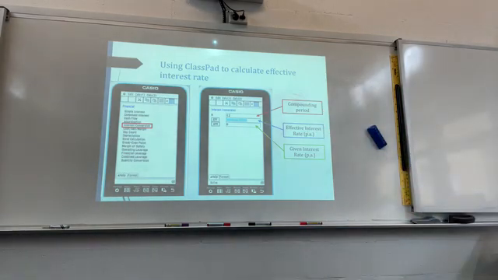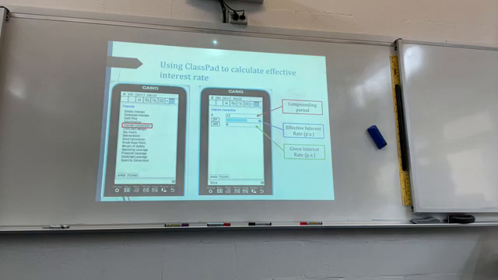If you could grab your calculator and let's try it, please. The effective interest rate. This is really useful because you can reverse engineer. If you've got the effective interest rate and the compounding period, you can work back to the original interest rate.